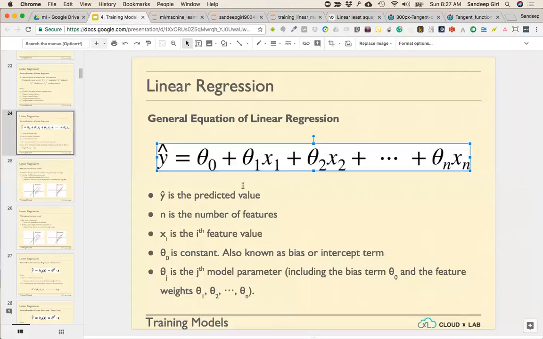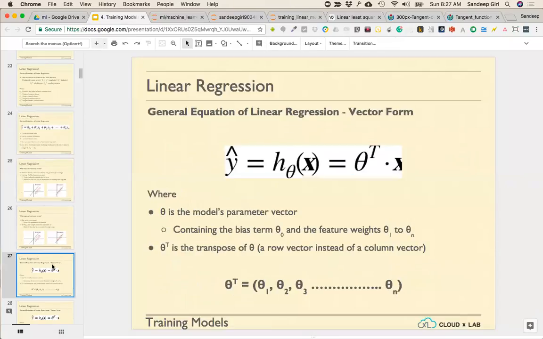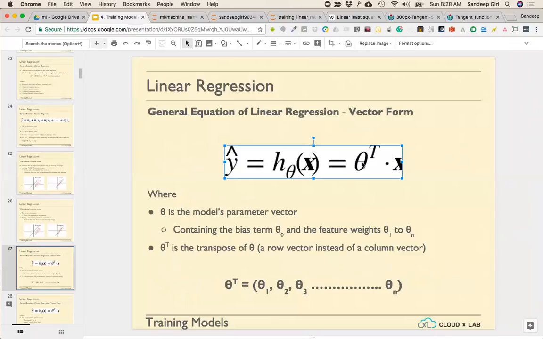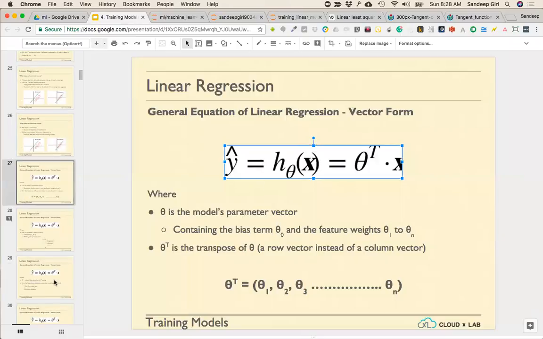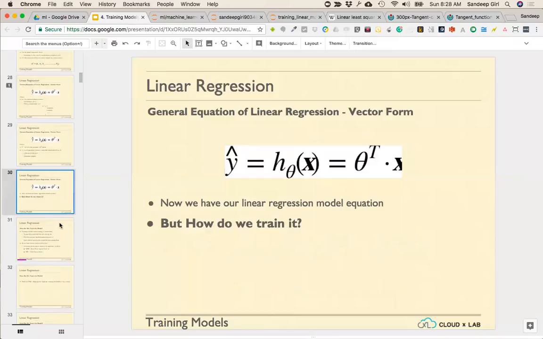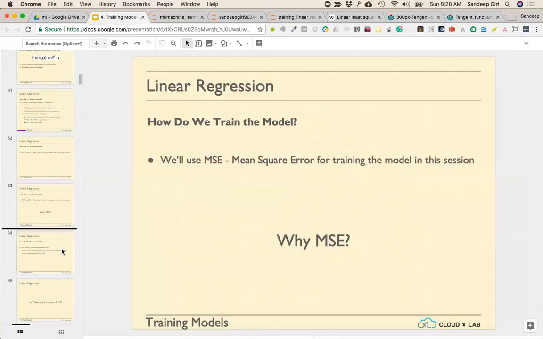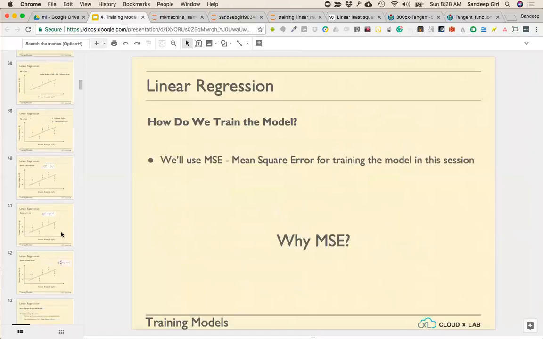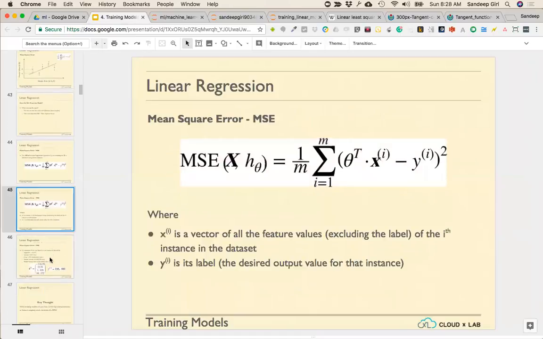Theta also has n elements and x also has n elements, because we put a one here. Theta transpose means all the thetas, instead of being horizontal, become vertical, and multiplying with x gives us what we are trying to predict. Thetas are nothing but the coefficients of our equation.